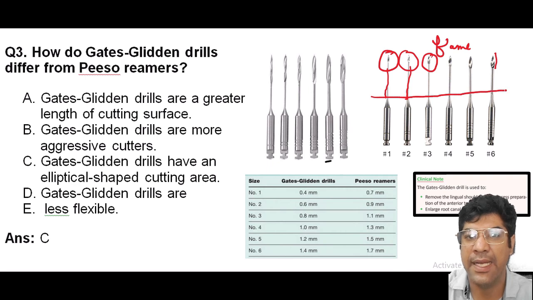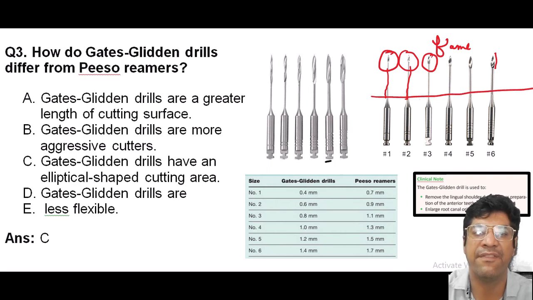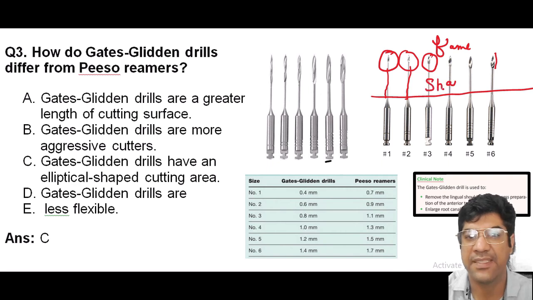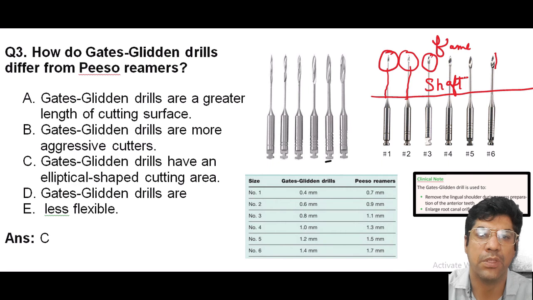If the drill binds during use, it will fracture at the neck of the shaft. And we can remove the fractured segment by grasping the broken shaft with pliers and pulling it out of the tooth.